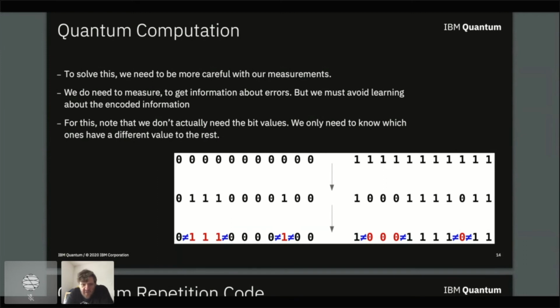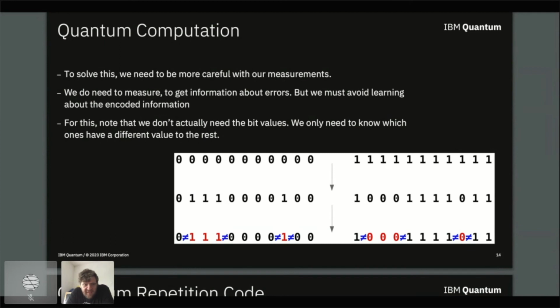And obviously, if we were to look at these values, we would see that those ones where the error has affected it are not the majority. So the majority voting would disagree with them and say that they're probably the ones that are the errors. But let's not do that.